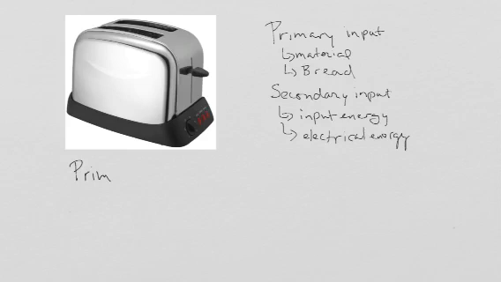So when I'm talking about a primary output, what am I actually talking about? Before you tell me what the primary output is, tell me what a primary output should always be. It should be a material. My primary output is going to again be the changed or the altered material.